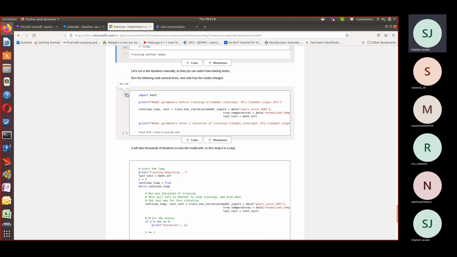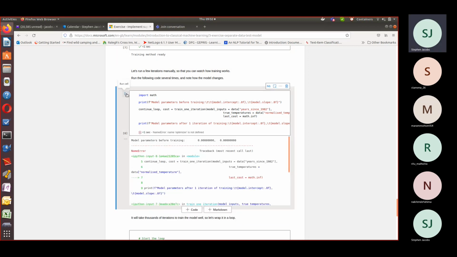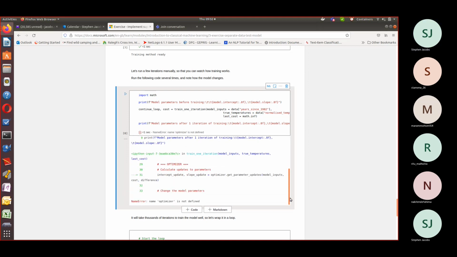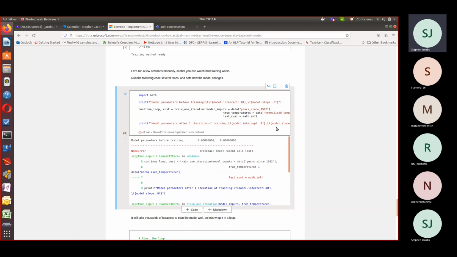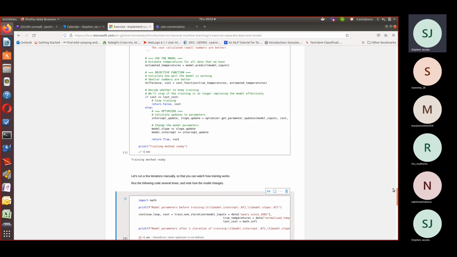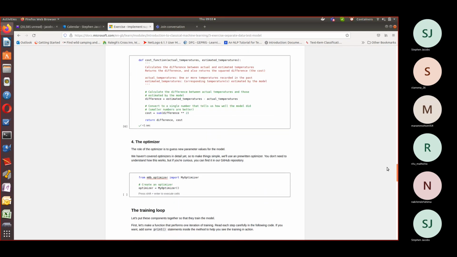Well, we did this. And we run it first, and we got, let's have a look. Optimizer is not defined. That's not good. Oh, I know what I didn't do. I didn't run my optimizer code. This one.